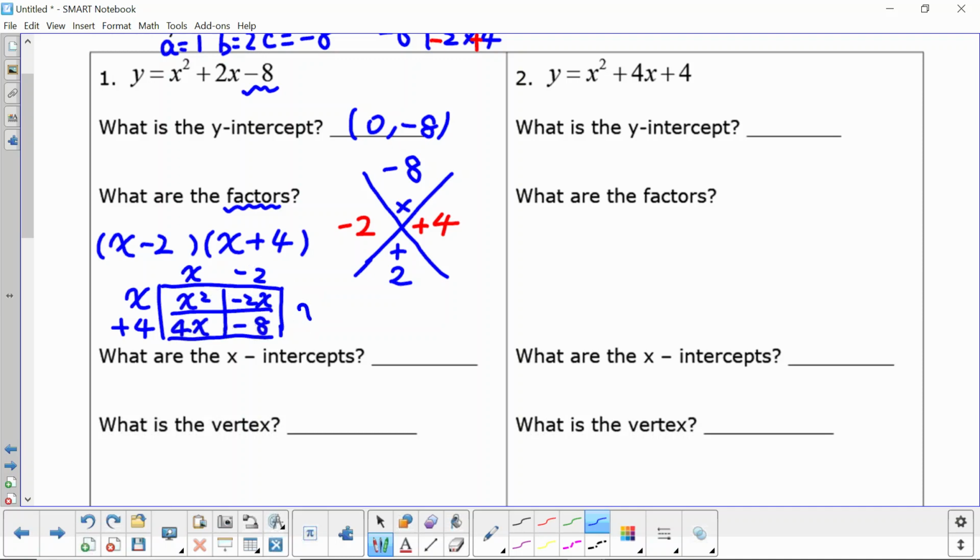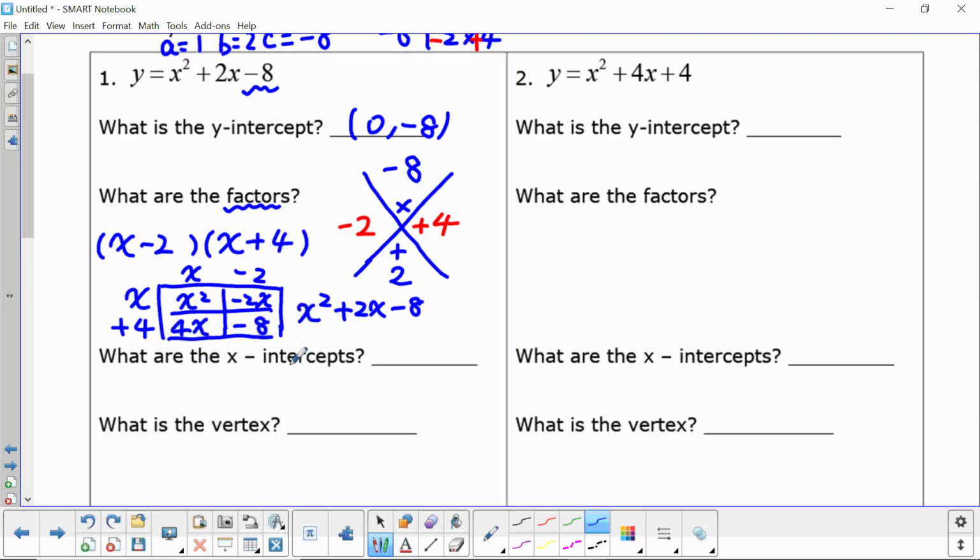Then we collect the like terms: 4x minus 2x gives you 2x, then minus 8. Double check: yes, the area is x squared plus 2x minus 8. So they are equivalent, they are equal, just in different forms. One is standard form, one is factored form.